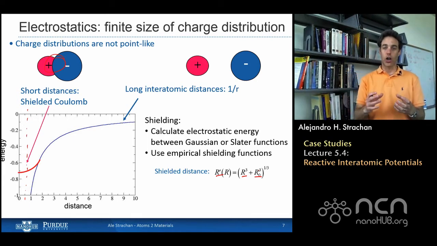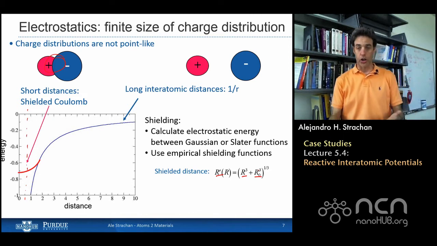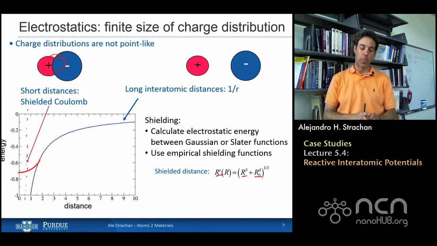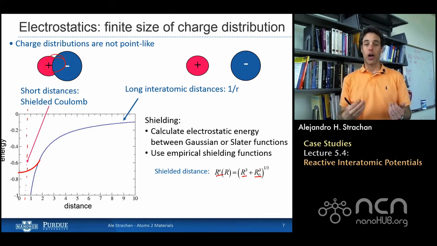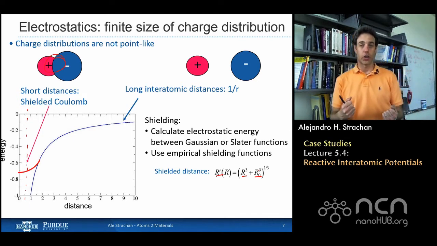So if r, the distance between the two atoms, is very large compared to r naught, then r prime is equal to r. Now, r prime, on the other hand, cannot be smaller than r naught.